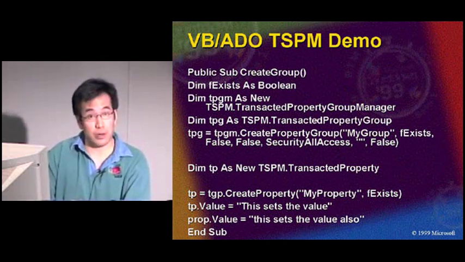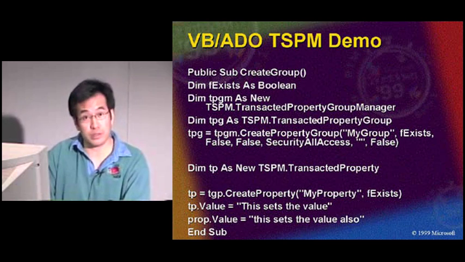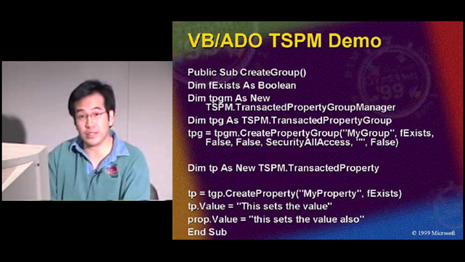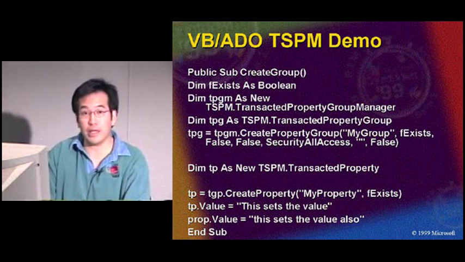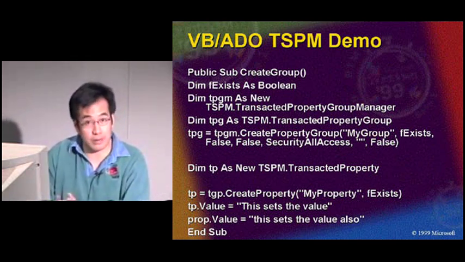If it's pretty simple and it naturally forms into groups of properties, TSPAM might be your best choice because it provides transacted cross-process access. In other words, other components can interact on a set of shared properties and be able to hold transactional requirements on those properties.